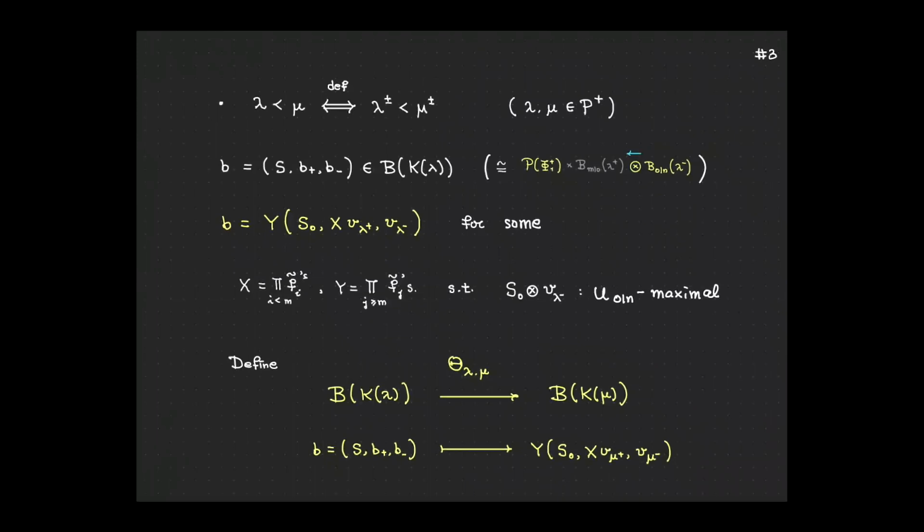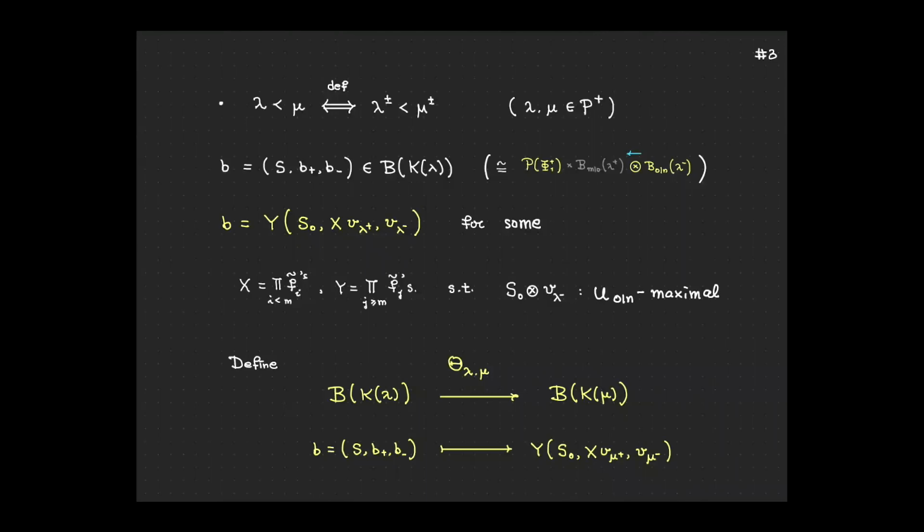It was the set of integral weights which are dominantly integral with respect to GLM and GLM, so it was dominant with respect to the even part. And we define the same partial order as in the case of GLM. Now we have two weights in P plus, lambda and mu, where mu is bigger than lambda. And we want to think about a map from B of K lambda to B of K mu.